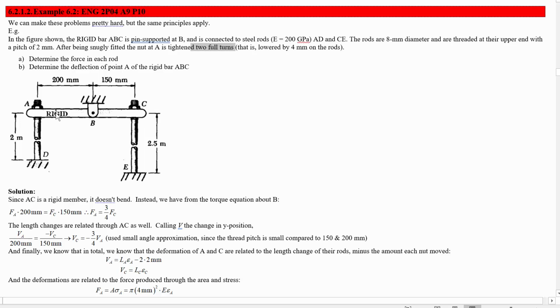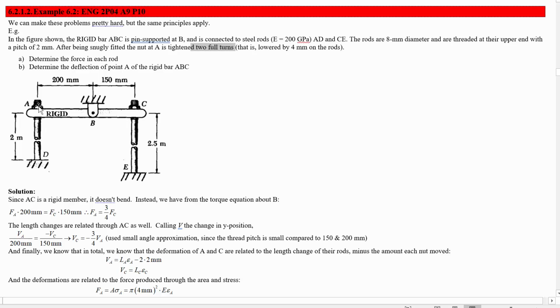The net result is going to be, compared to horizontal and balanced, 2 millimeters total of extension in these rods. So maybe this one is extended by 1 millimeter and this one's extended by 1, or this one's extended by 2 and this one's 0. That's not going to work because then the force won't balance, right? You see how this works?